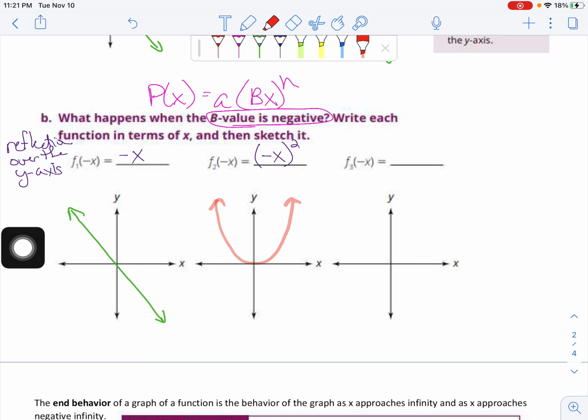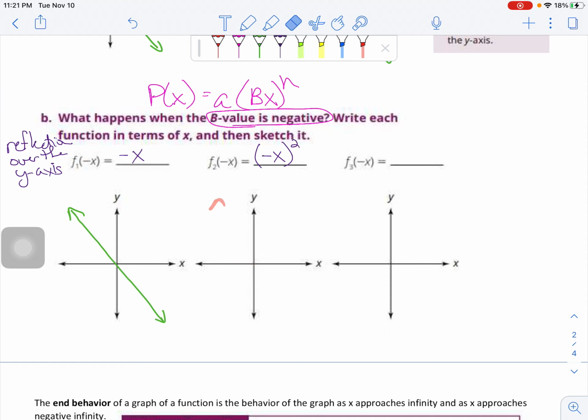The thing is, your quadratic graphs and really all of your even degree power functions, they're symmetrical to the y-axis as it is. So this reflection won't do anything, okay?